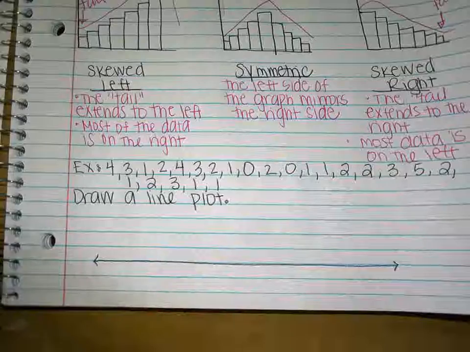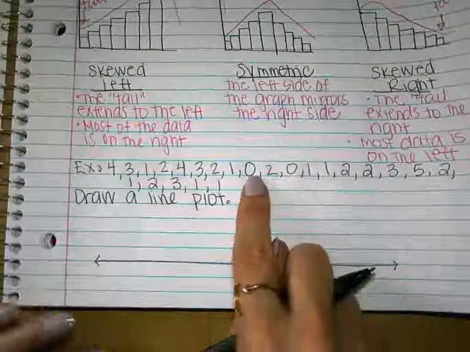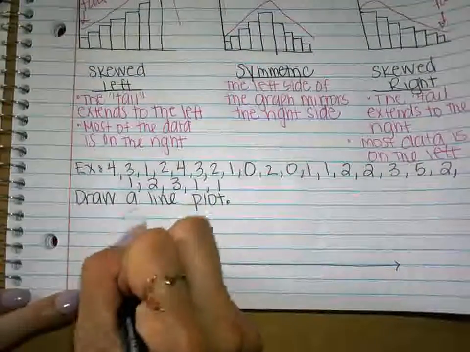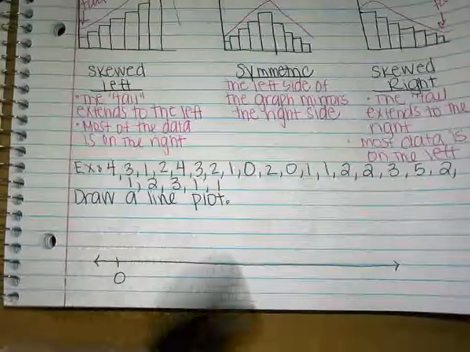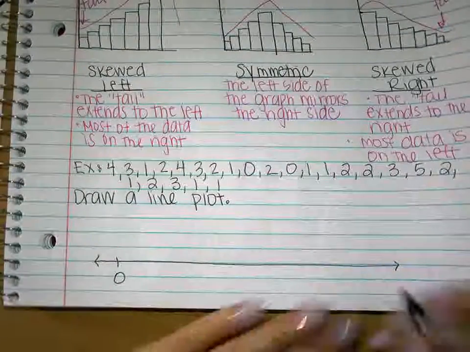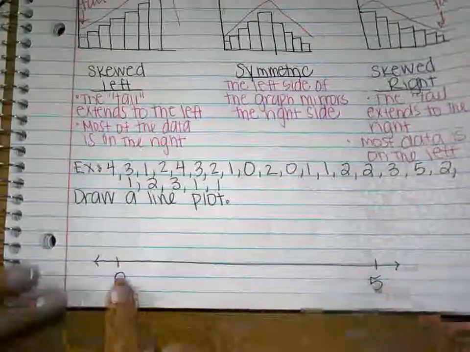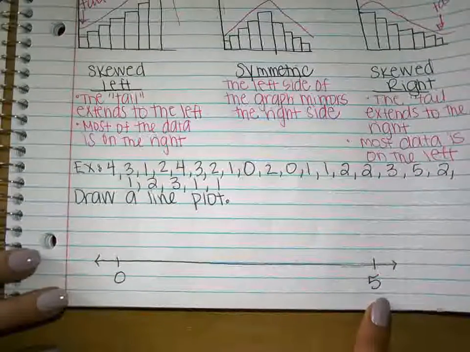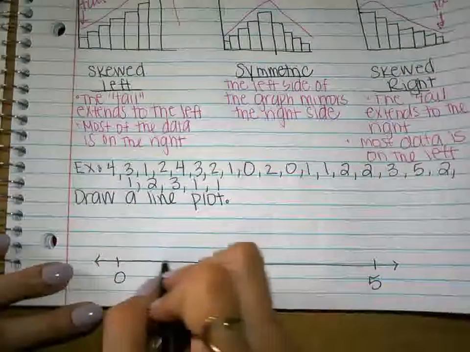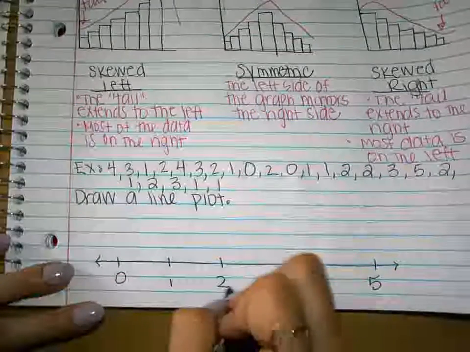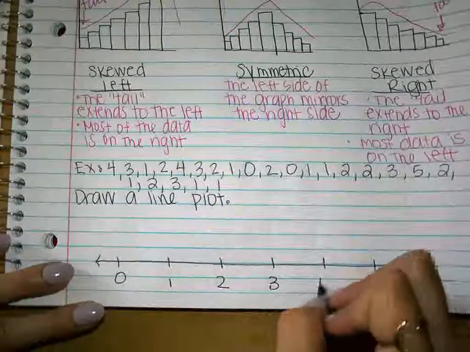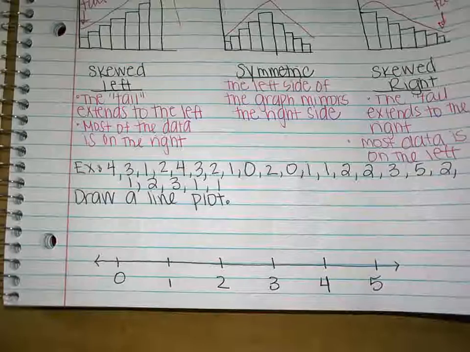I need to find my smallest number, which is a 0, and my greatest number, which is a 5. So I want to count from 0 to 5 by ones because I want to use equal intervals: 1, 2, 3, 4.